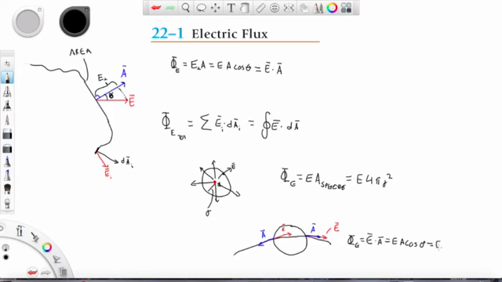So we get E times A. On this side, however, we get E times A times the cosine of the angle, which is now 180 degrees, which is minus 1, so we get minus EA. So we see when the flux is going through the surface or out of the surface, it's positive, and incoming flux will be negative.